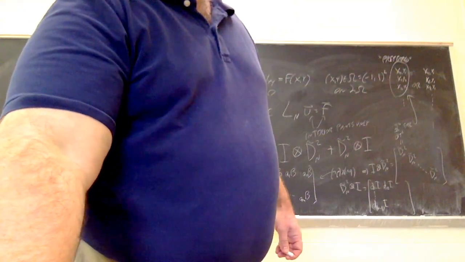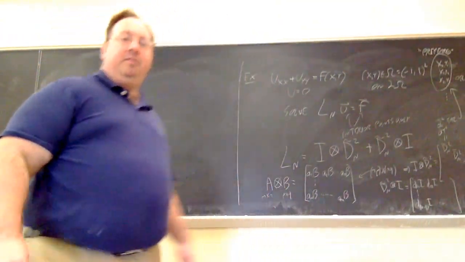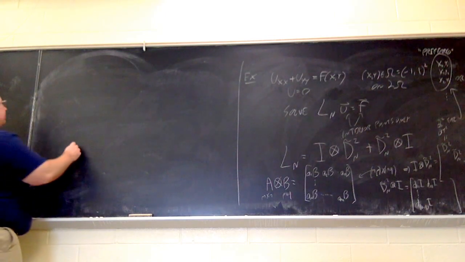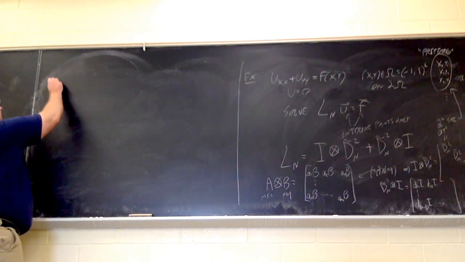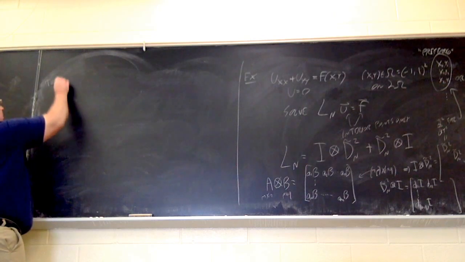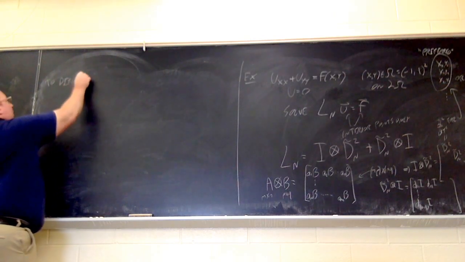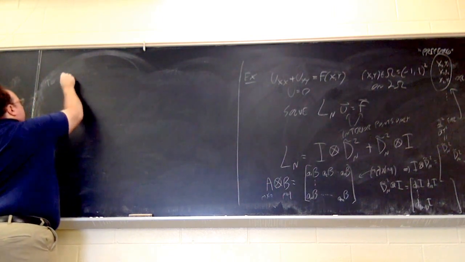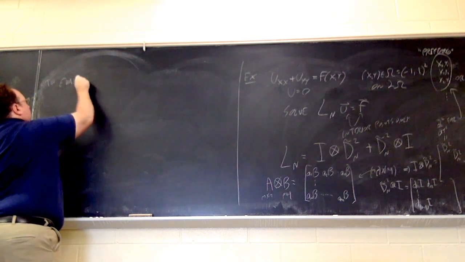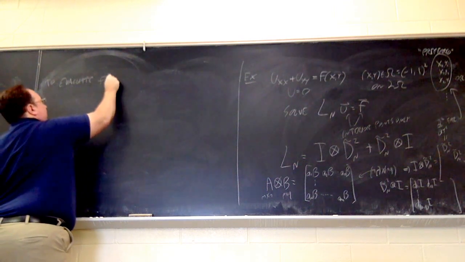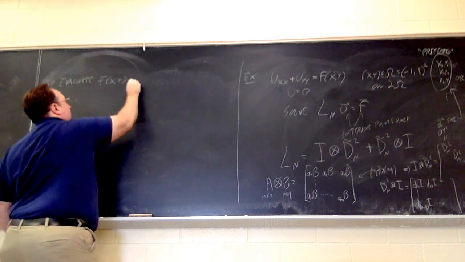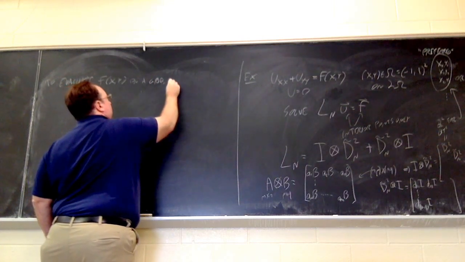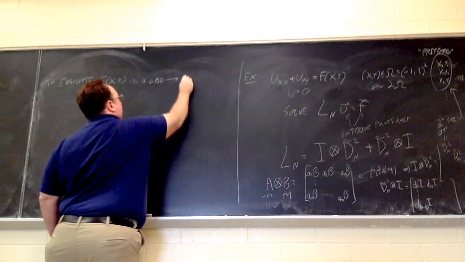I'll use a code snippet to illustrate my point. So let's suppose we want to evaluate a given function f of x, y on the grid in order to get a vector f.